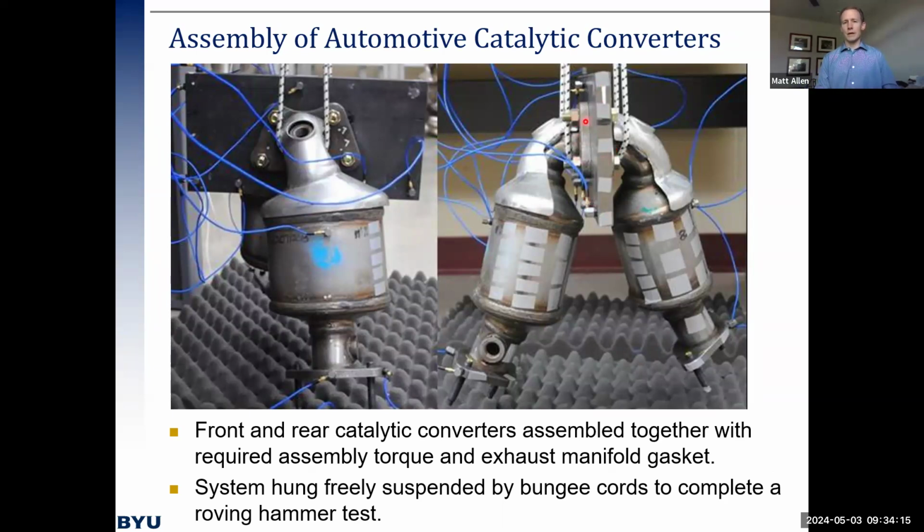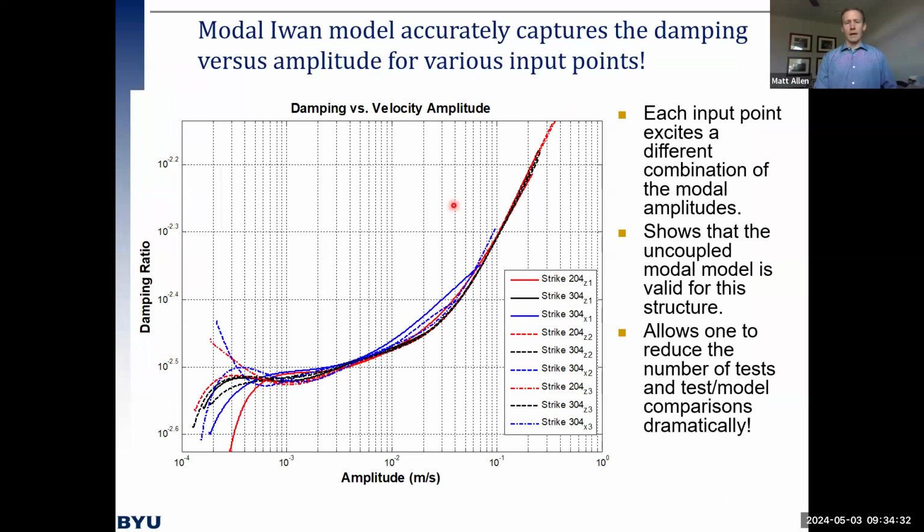But the joints here are the actual automotive joints with realistic gaskets, realistic bolt torques that GM would use for these parts. And then we test the structure and we measure different modes and we look at their modal behavior. And this is just one sample of the results that we got, but you see we use hitting the structure at various different points on the structure.